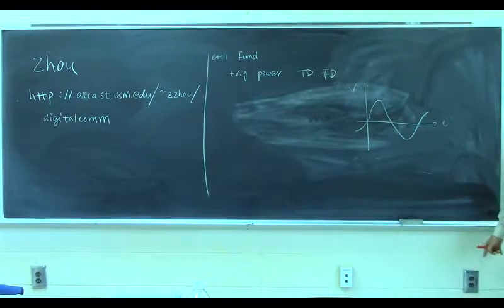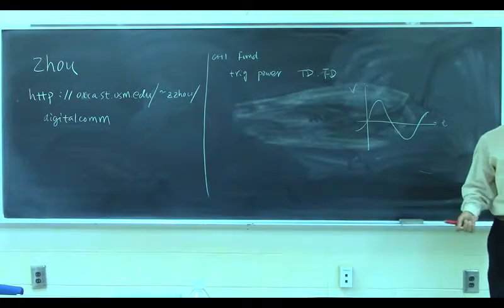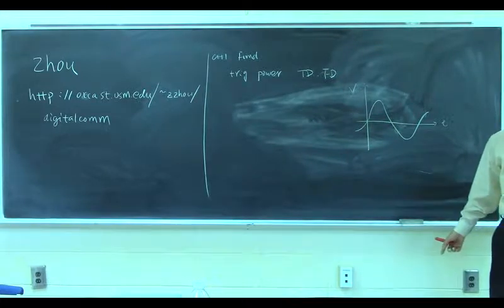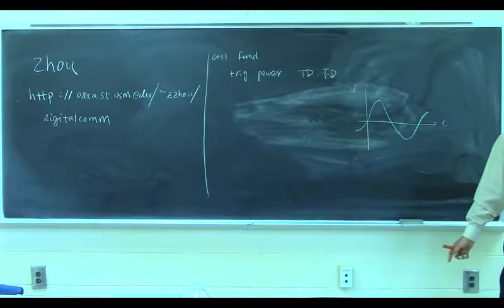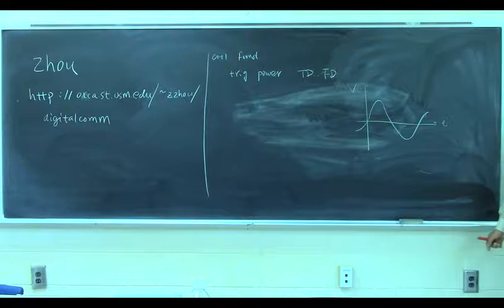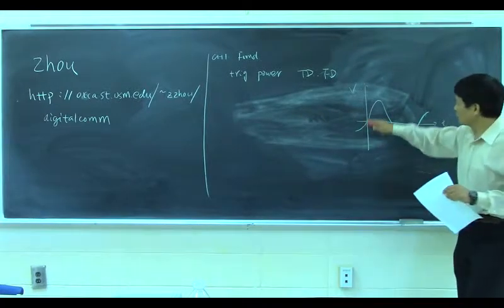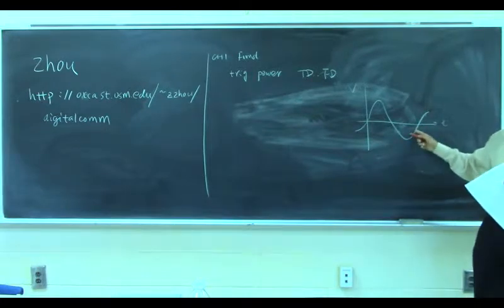What's the amplitude? We know the RMS value is 110, right? So the amplitude equals 110 times the square root of 2. What is the frequency? 60 hertz, right? Still sleepy, right? So we know this is a 60 hertz ideal sinusoid function.